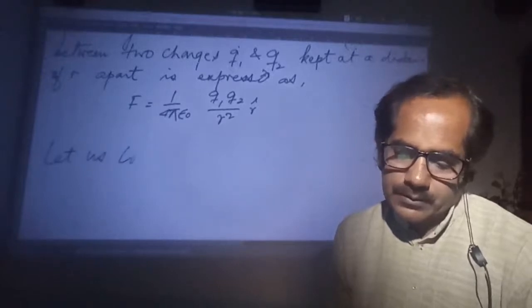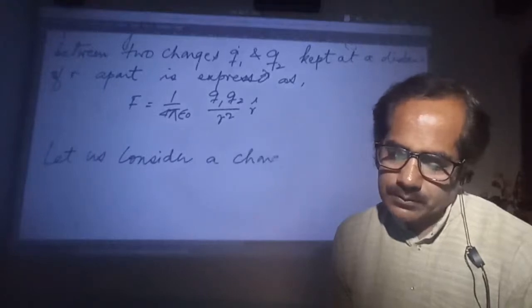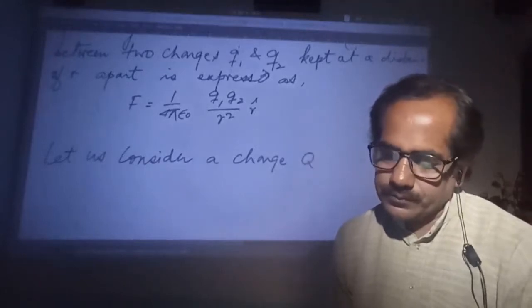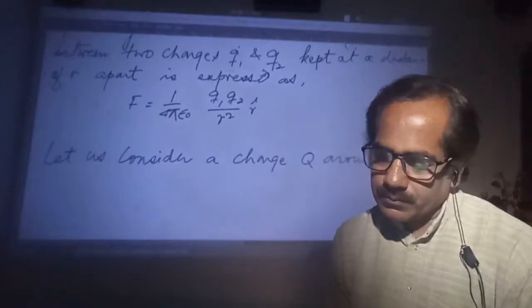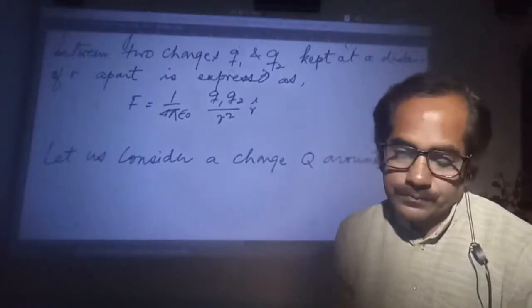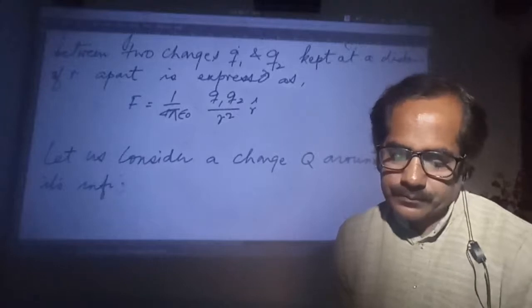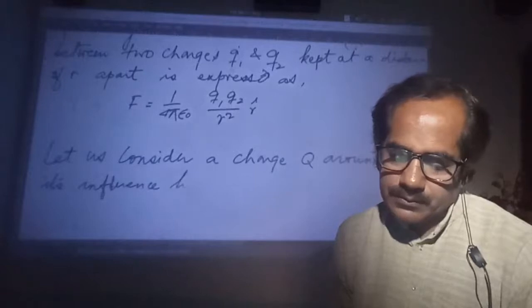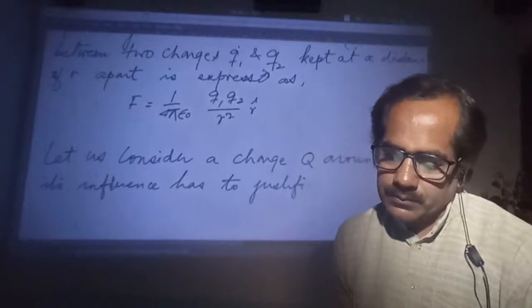Let us consider a charge Q, capital Q, around which its influence has to be justified.